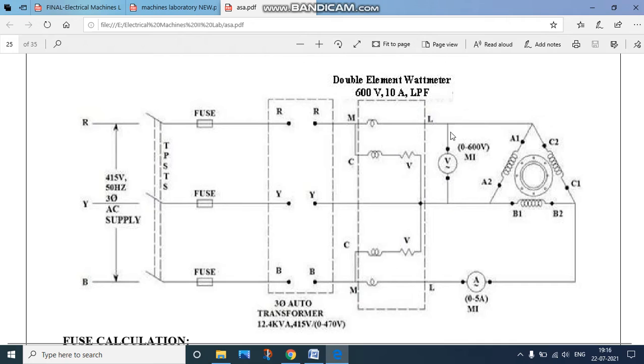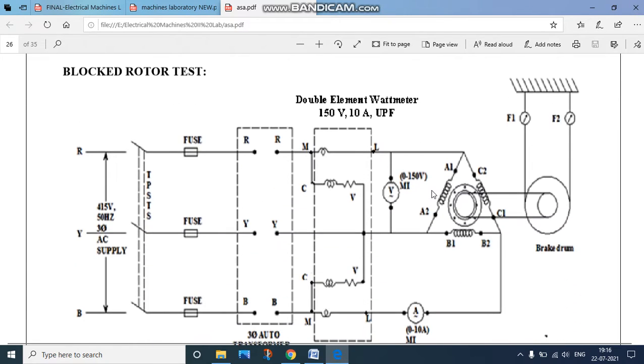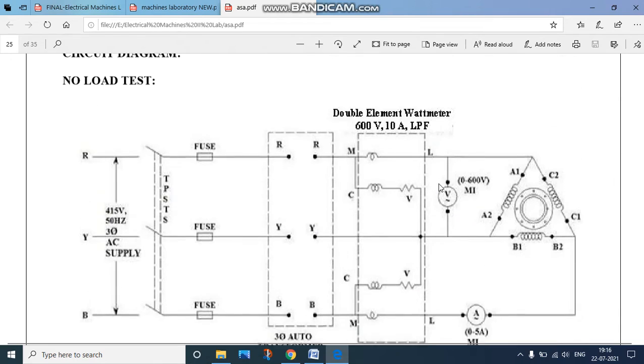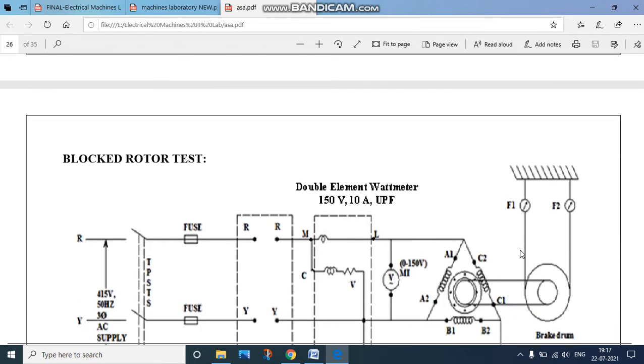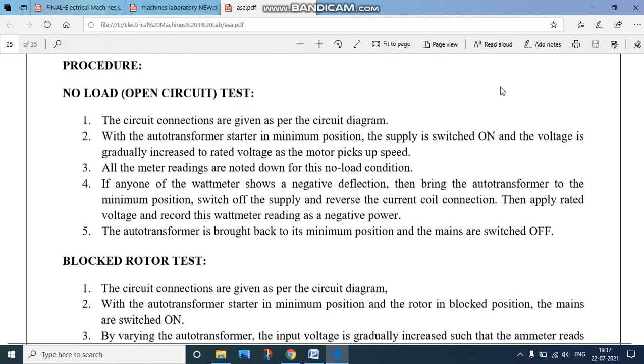Between the 3 phases, the voltmeter is connected across 2 phases, R and Y. This is the induction motor, and this is the circuit diagram for the block rotor test. The only difference between the no load test and the block rotor test is the load connection. The no load test is also called the open circuit test.